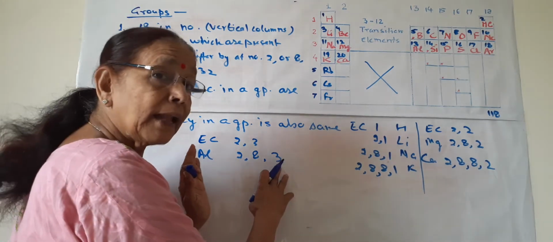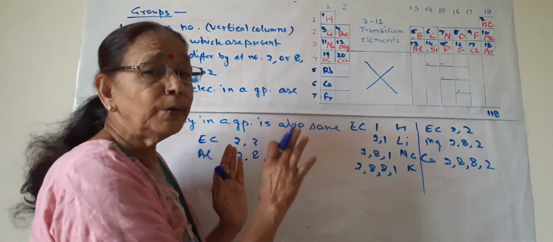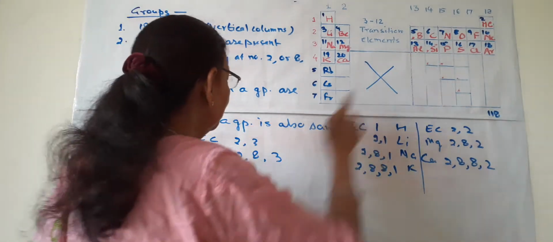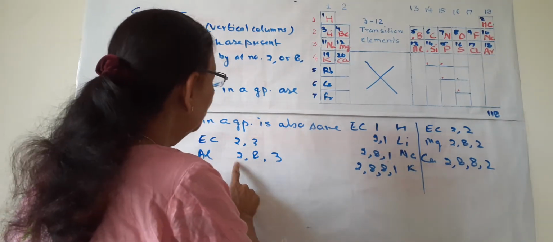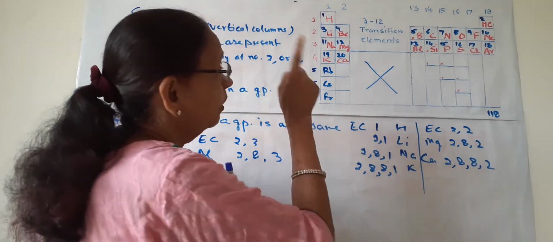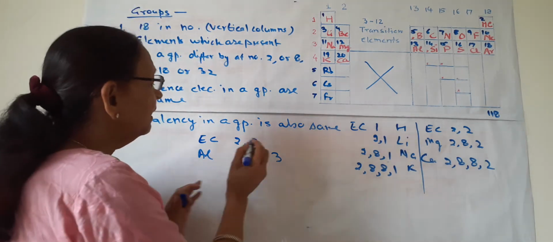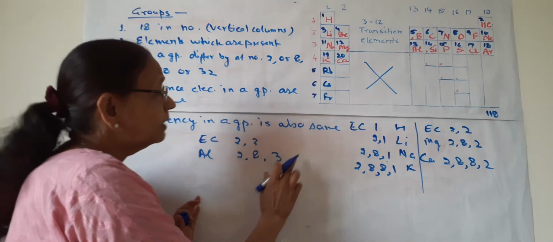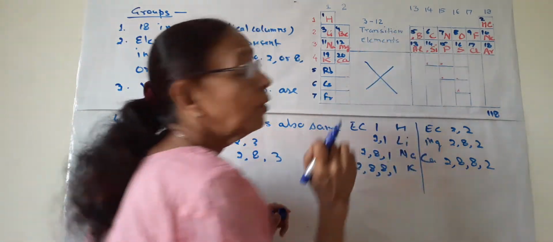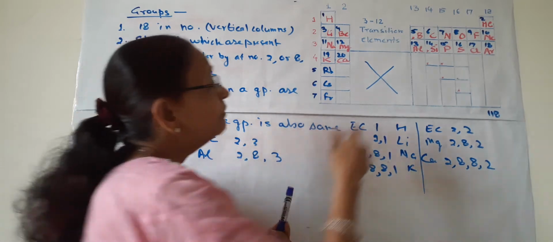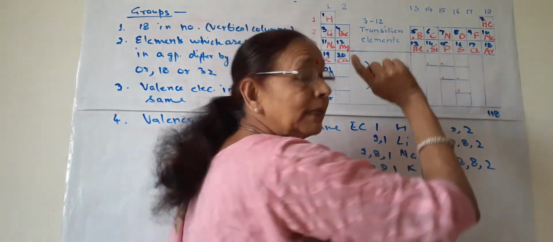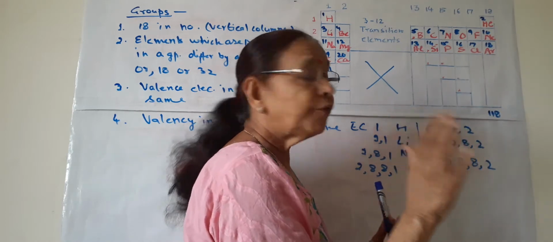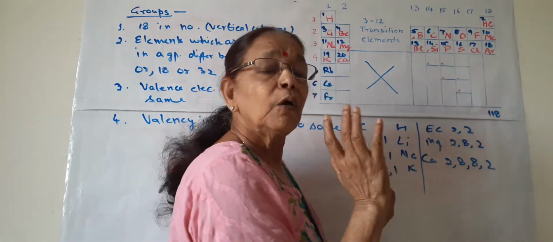But if it is the last shell, then in the third also 8 will be there. So aluminium has EC 2, 8, 3 and boron 2, 3. What we are seeing is that the valence electrons are 3 in both cases and the valency is also 3. Likewise, for carbon and silicon, the valence electrons are 4 and the valency is 4.